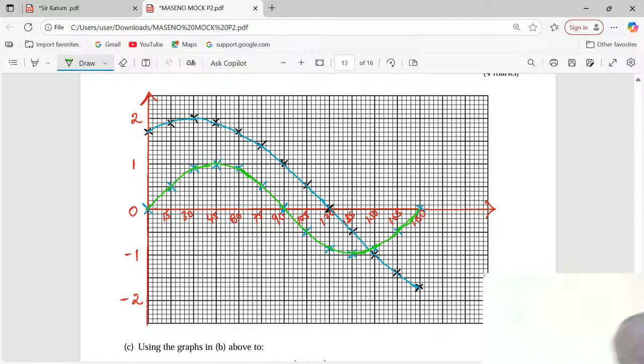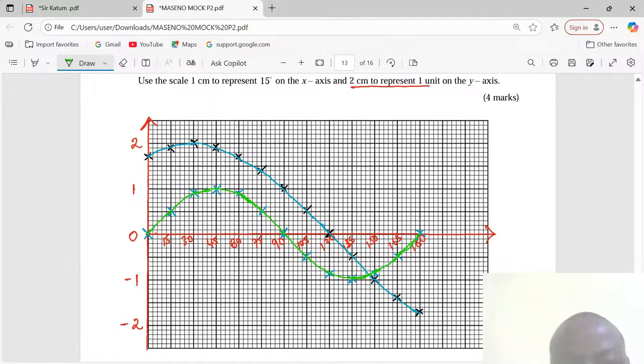Very smooth curves. So the two curves have been plotted.